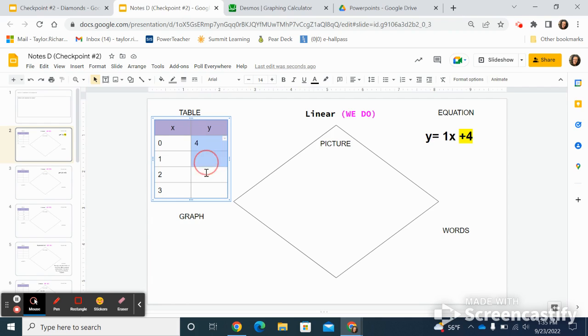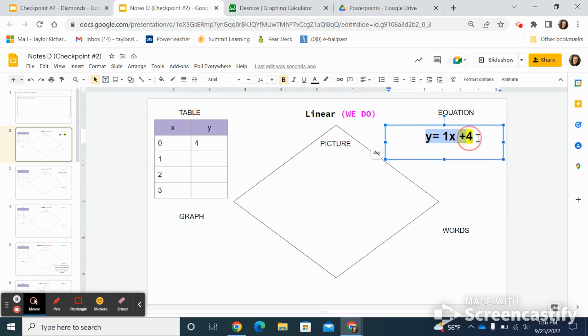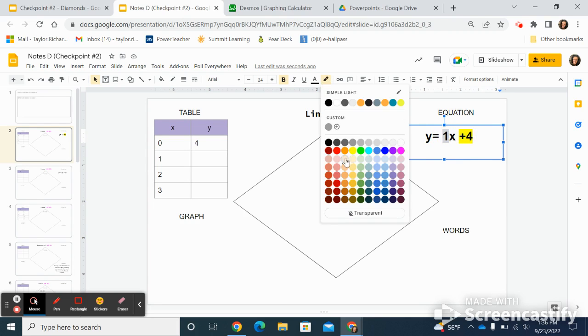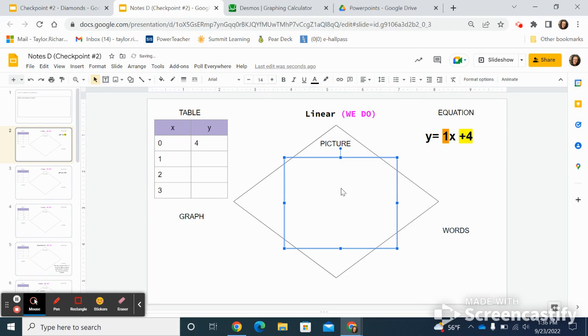Now, how I move the y values, I have to know what my rate of change is. How are my y values changing? Well, when you look at this equation, what number is in your rate of change spot, or what number is right next to x? So for us, that would be the number 1. That is your rate of change. So that's telling you, and it's a positive one. It's a positive one.